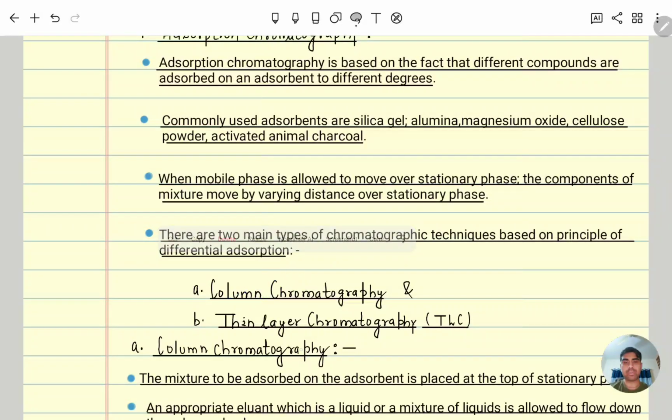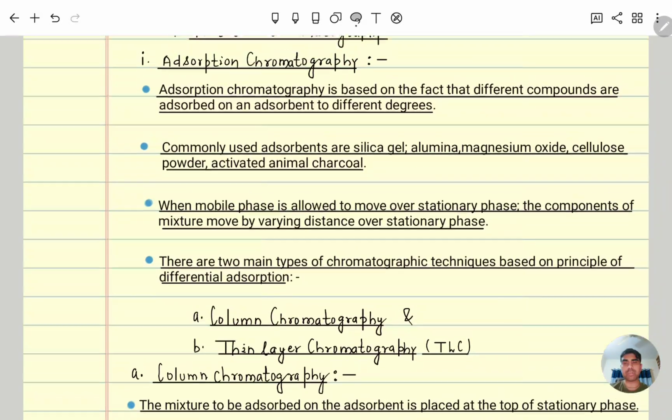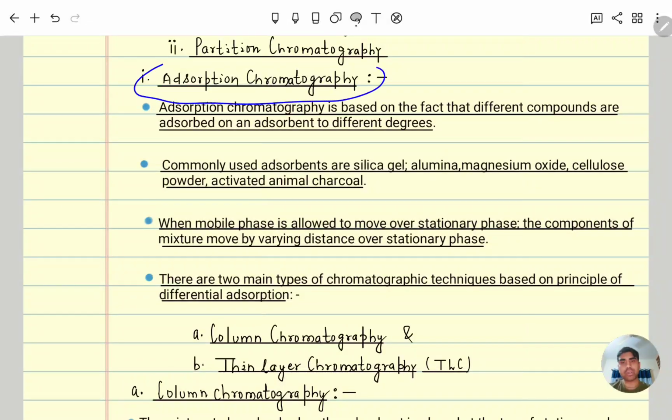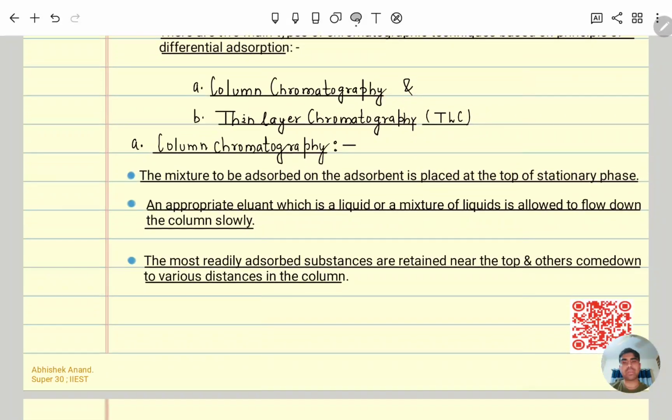As we discussed, there are two types of chromatography techniques used for differential adsorption: column chromatography and thin layer chromatography. Adsorption chromatography is of two types, column and thin layer. You can see the name itself tells it. Column chromatography means we take a tube, and in that tube we put a liquid solution which acts as the stationary phase, and after that we put the mobile phase.